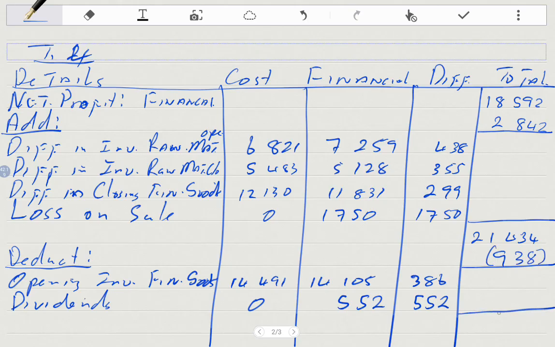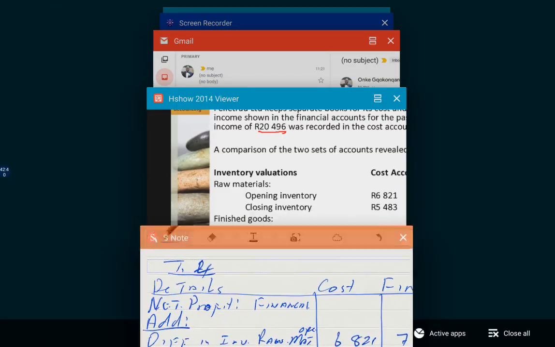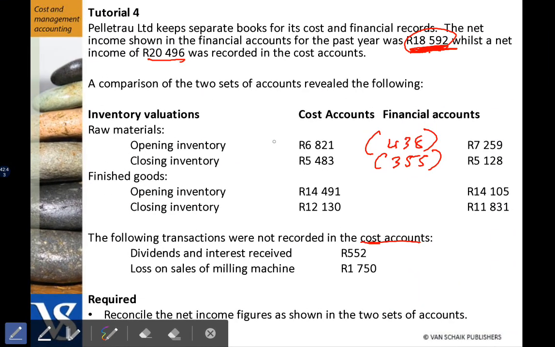That will take us to 20,496, which is profit as per cost. So then you've managed to do the reconciliation. If you can go and check this profit, 20,496, there is the 20,496. We managed to do the reconciliation of that.